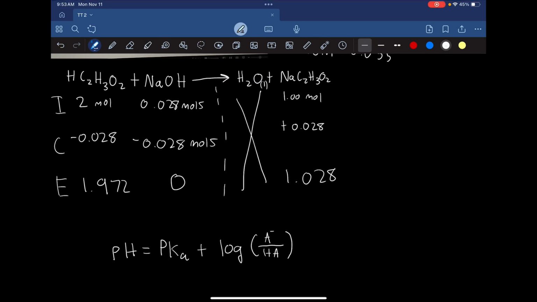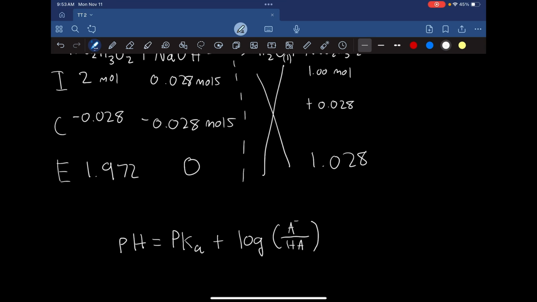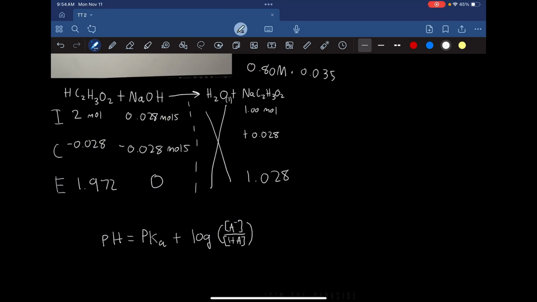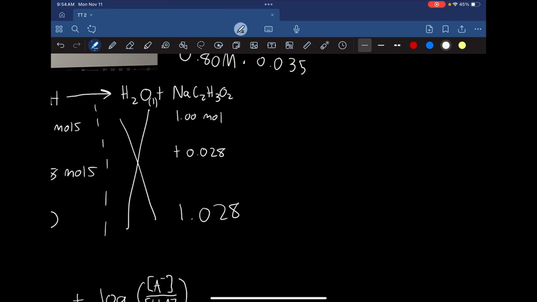We grab our moles, and since this is in concentration, how do we get the molarity, which is n over V?